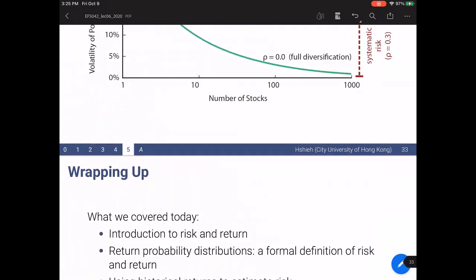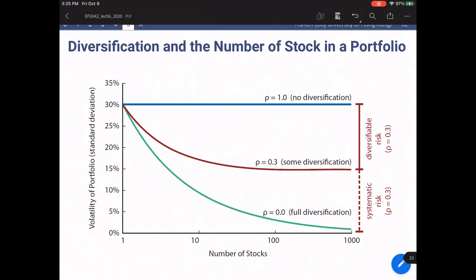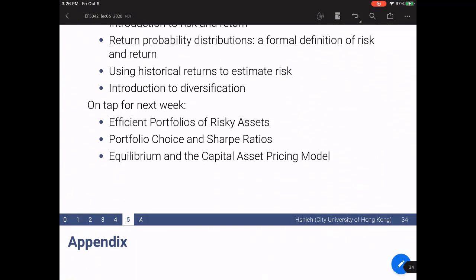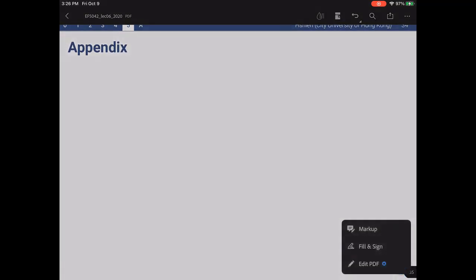So recall that in this picture, the x-axis is the number of stocks and the y-axis is the volatility of portfolio as measured by standard deviation. Okay, so let's reinforce that assumption here by writing it down.